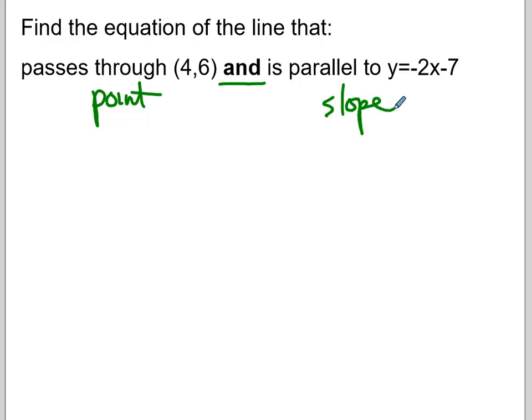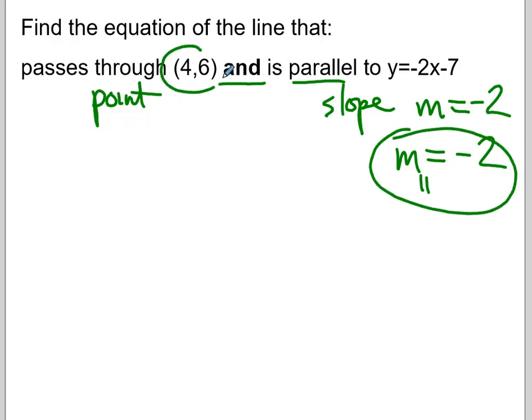So if we look at parallel, that means the same slope. So this given line has a slope of negative 2, which means the parallel slope is also negative 2 because they have the same slope because they're parallel. So this piece of information and this piece of information become my slope and my point, and then I can do my algebra really quickly.